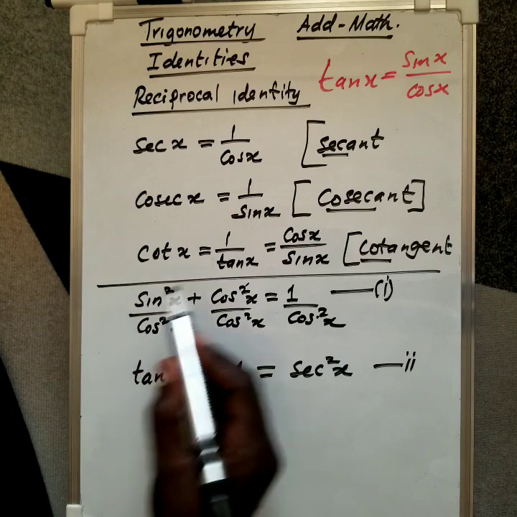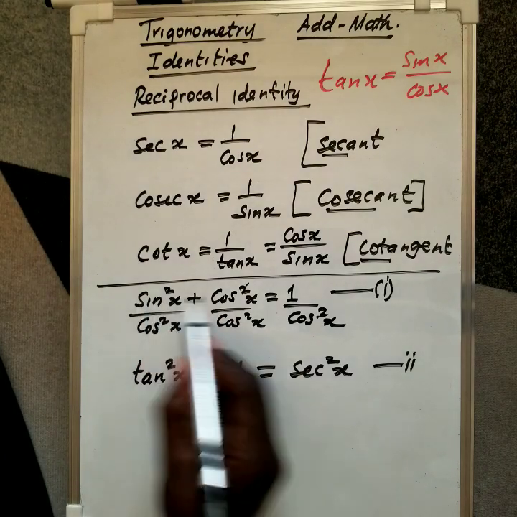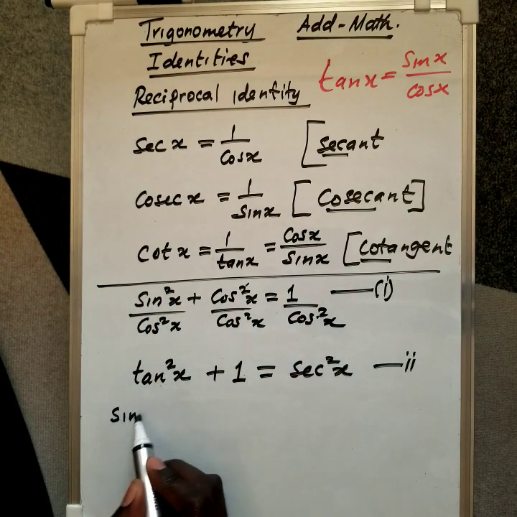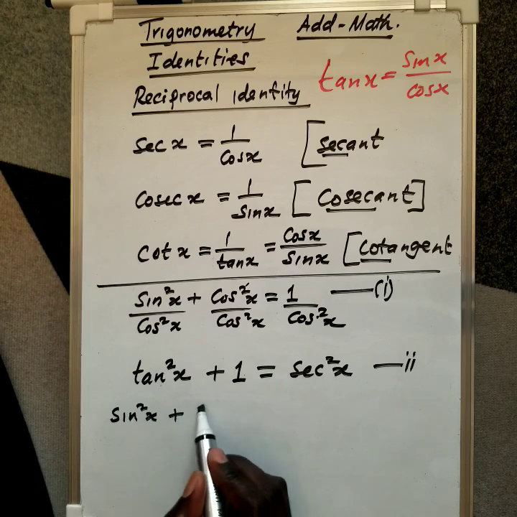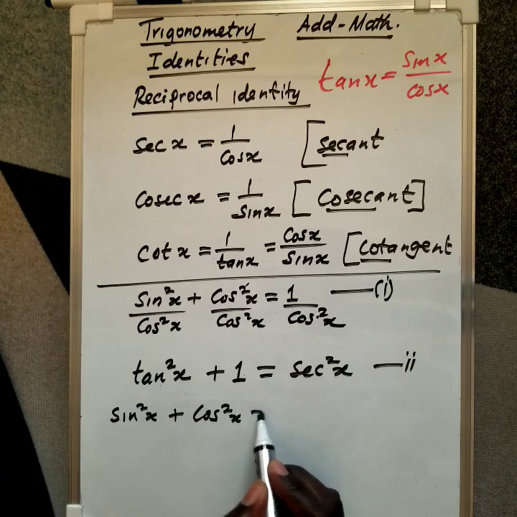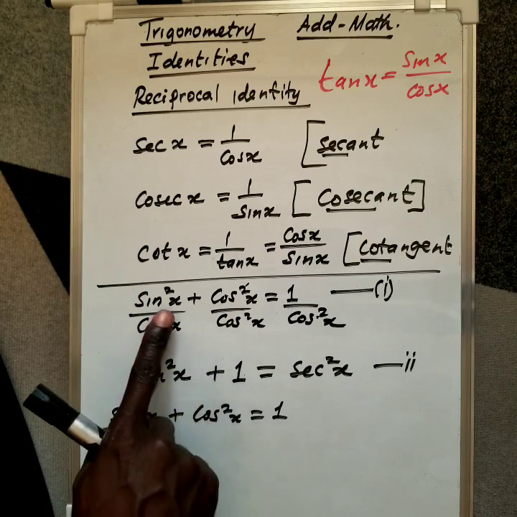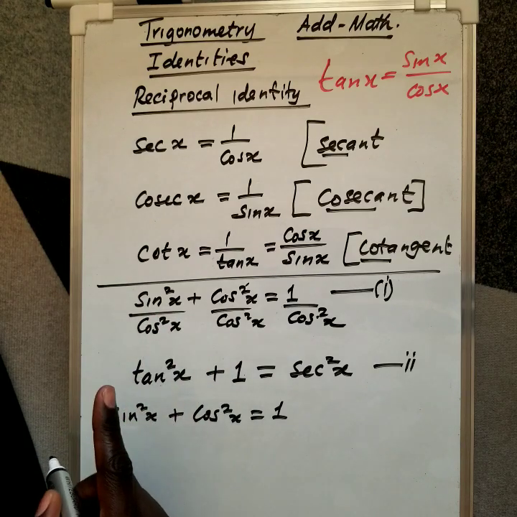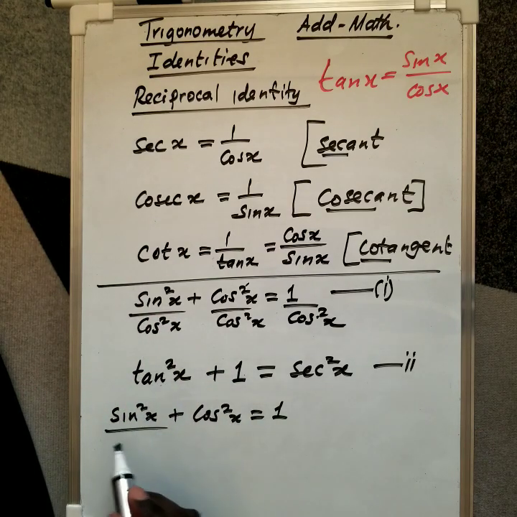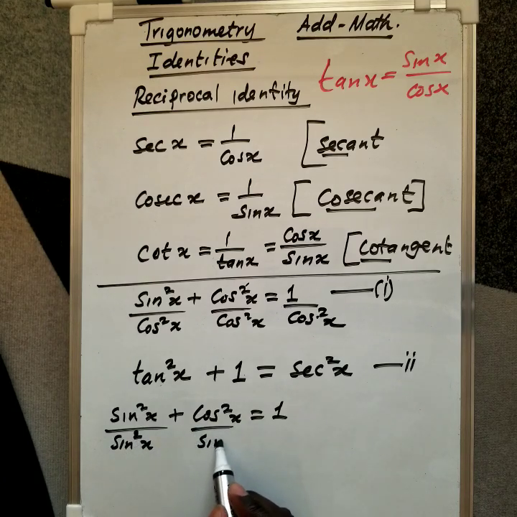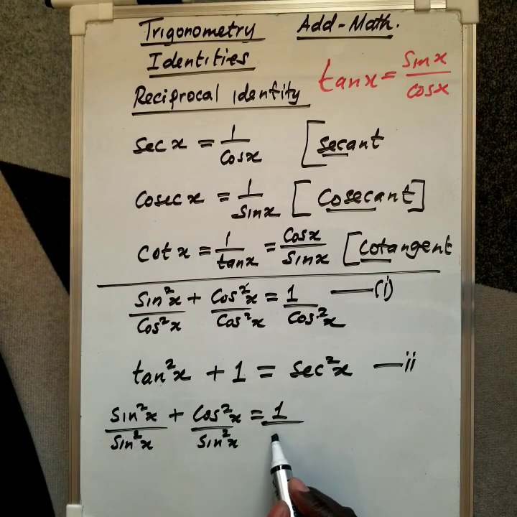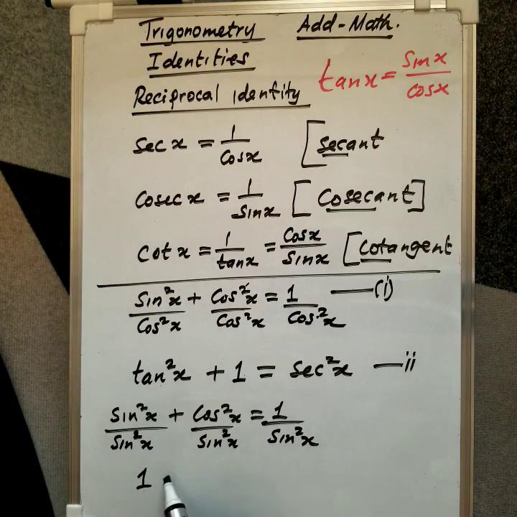Suppose again I want to derive another one. We can use the same identity, sine squared x plus cos squared x is equal to 1, but this time we are going to divide by sine squared x throughout the equation. Sine squared x over sine squared x gives us 1.